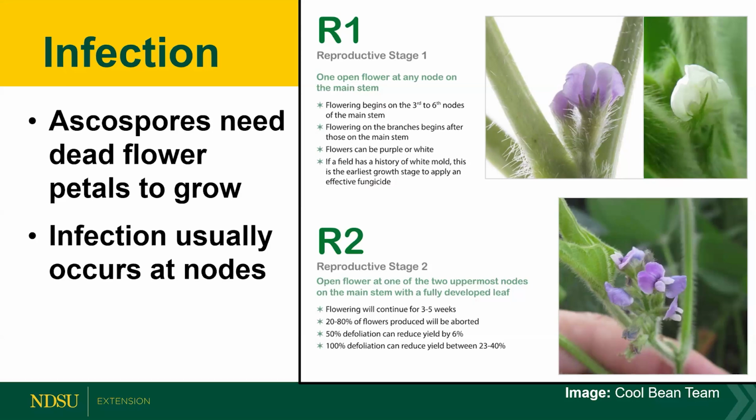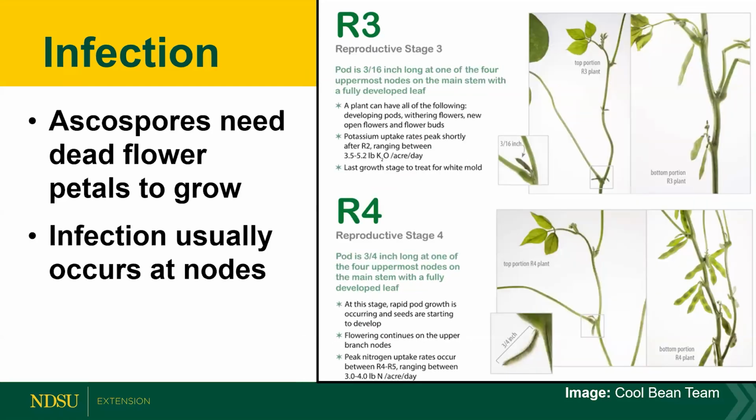Just a quick reminder, and I'm sure many of you are on top of it, but within soybean growth staging, R1 is when we have one open flower on the main stem. R2 is where we have at least one open flower on one of the upper two most nodes. R3 is when pods are just starting to form on one of the upper four most nodes. And R4 is when these pods are about three-quarters of an inch long.